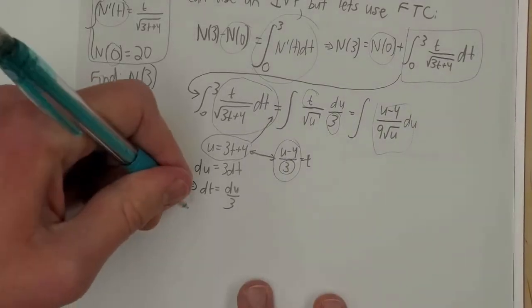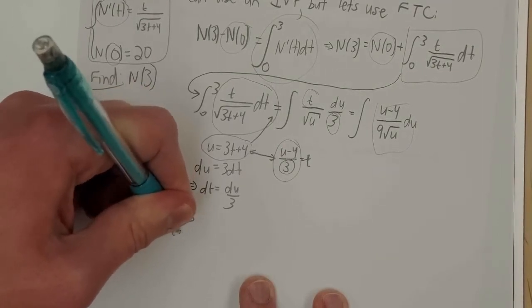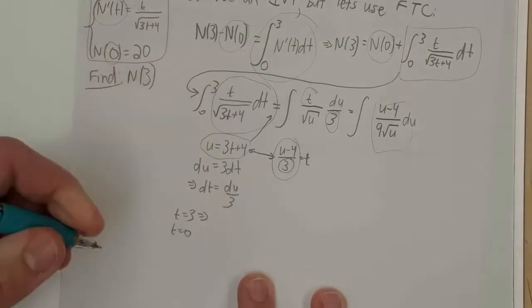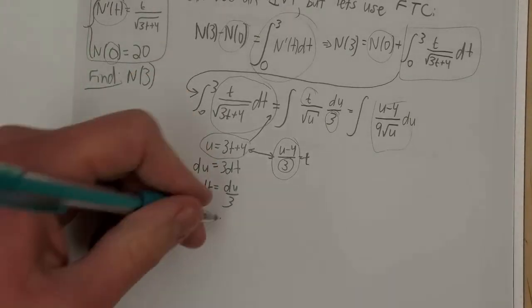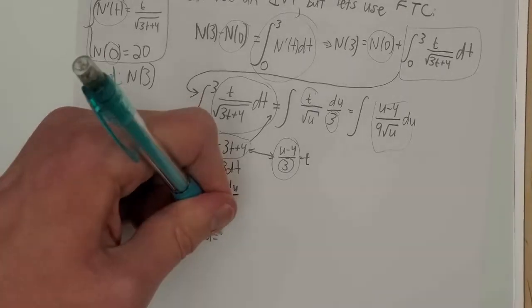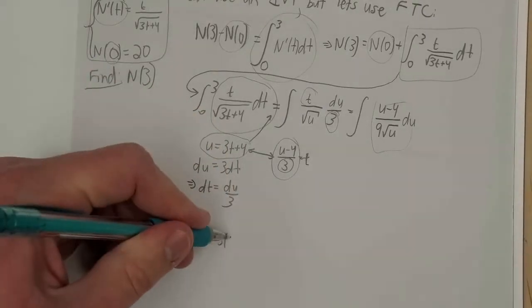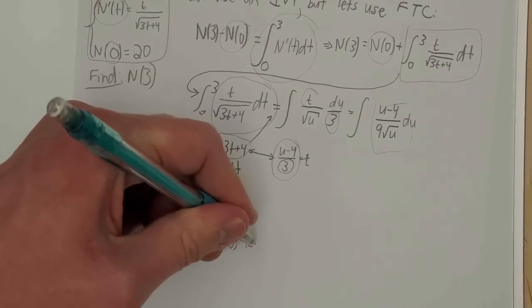So that means we have t equals 3 and t equals 0. So if t equals 0, then that should indicate that u should correspond to what value? Yeah, it's 4, right? Because in this case, we're just letting t equal 0 in our given substitution up here. So plus 4, and then that equals 4.